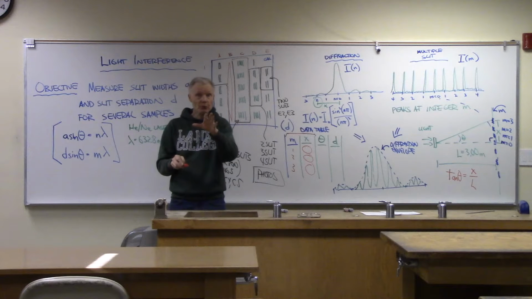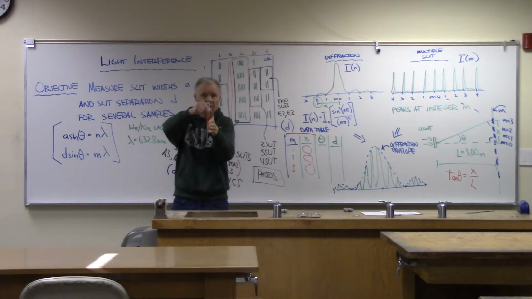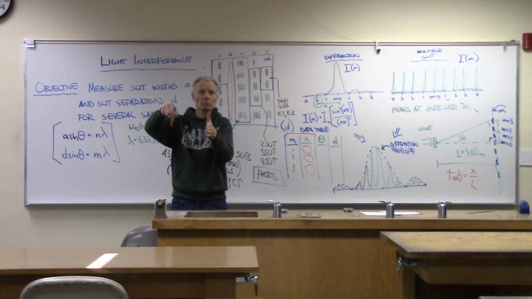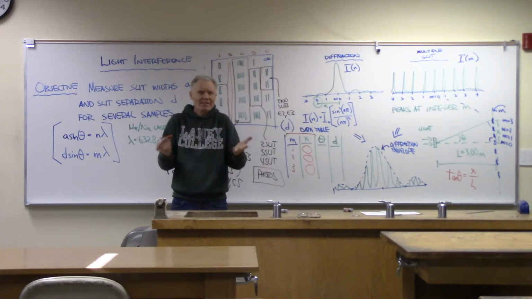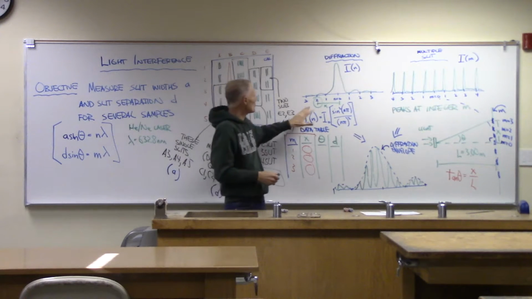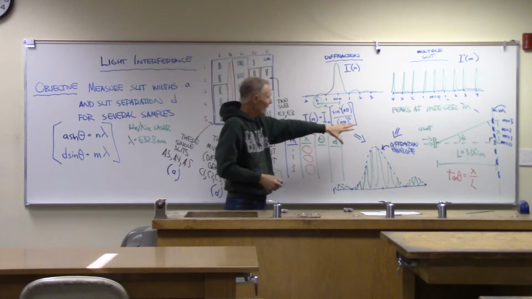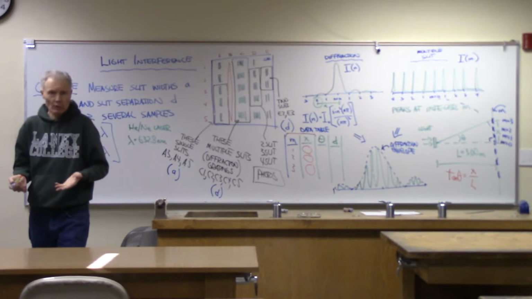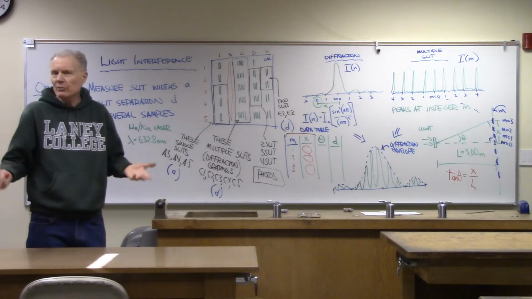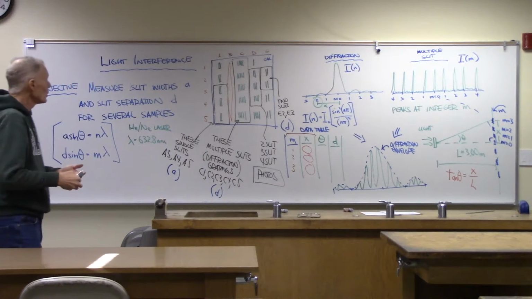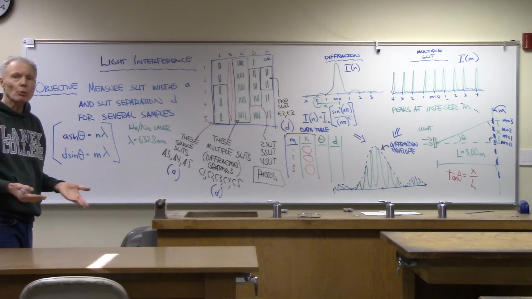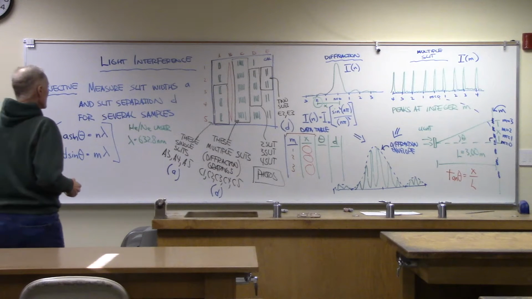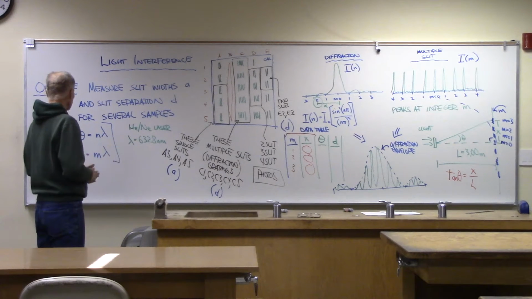When I'm looking at the screen, I'm measuring from the center of the central peak out to where there's a minimum. You can pick which values of n and which values of m you want to work from based on what the interference patterns look like. Pick the interference patterns that seem easiest to work with, or if you want to challenge yourself, pick some more challenging ones and see what that works out to be.